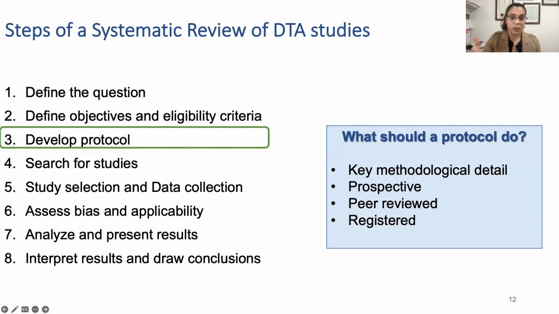And of course, we need to be very transparent on what we plan to do on the methods. And in the end, we may want to register the protocol with Prospero, for example, or we may want to publish it in an open access journal after peer review.